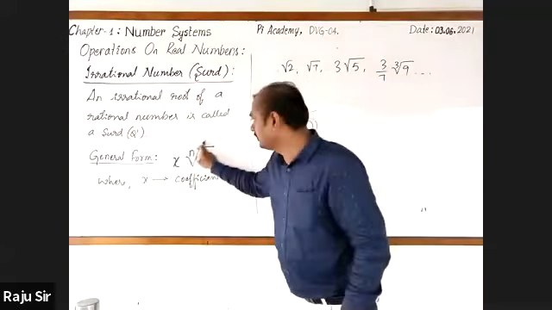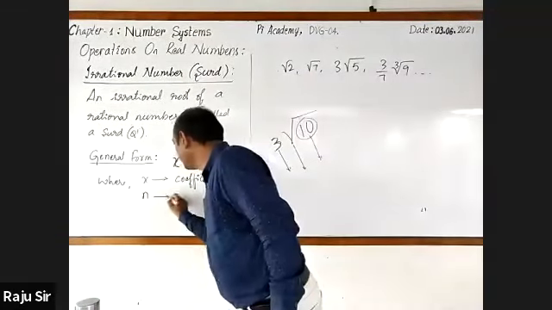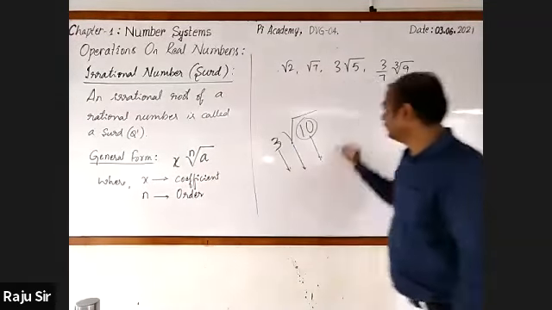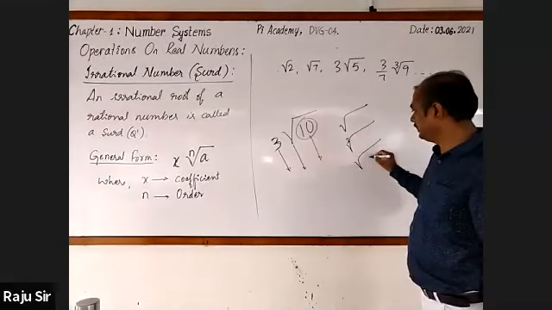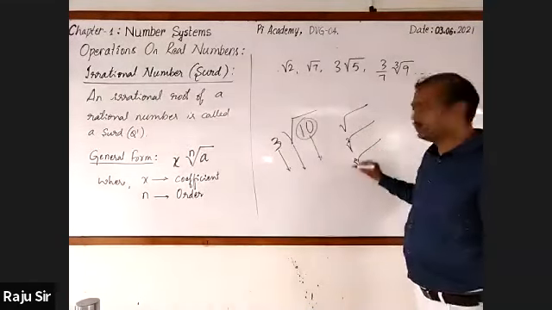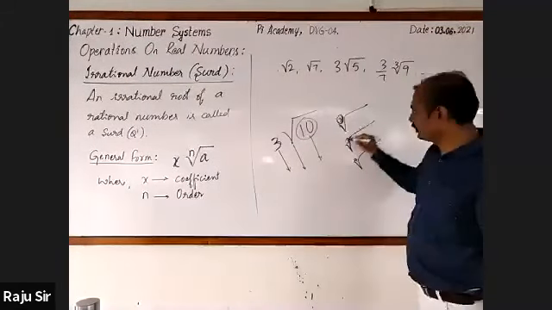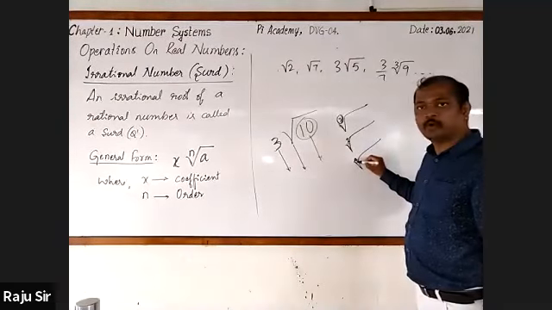And N is called order. It may be square root, it may be cube root, it may be fourth root. If it is square root, 2 is there. If it is cube root, 3 is the order. If it is fourth root, 4 will be the order.